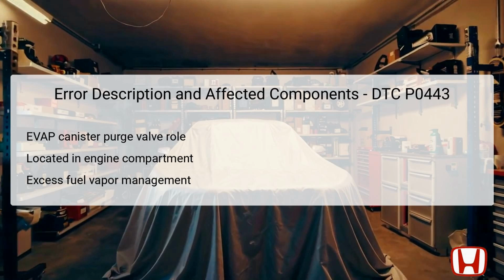The canister itself stores the vapors to prevent them from escaping into the environment. If the valve is malfunctioning, it can cause various operational anomalies, leading to performance issues or triggering the check engine light. Understanding both the location and function of the purge valve aids in effective diagnosis and repair, ensuring the vehicle can efficiently manage fuel vapors.